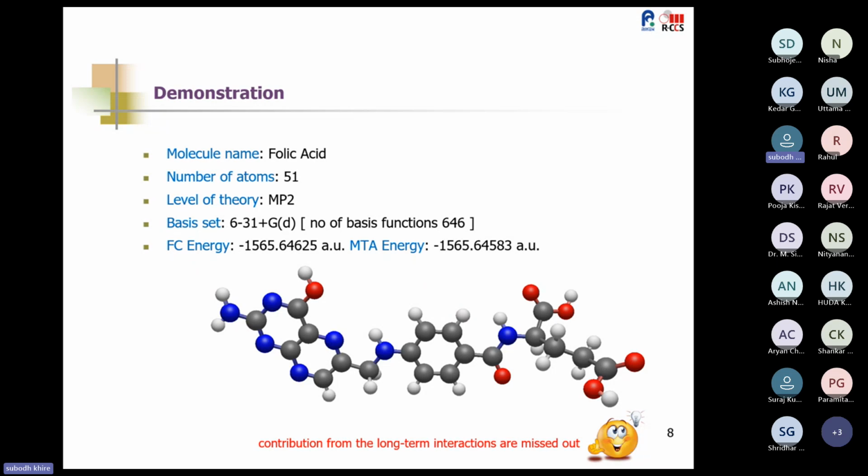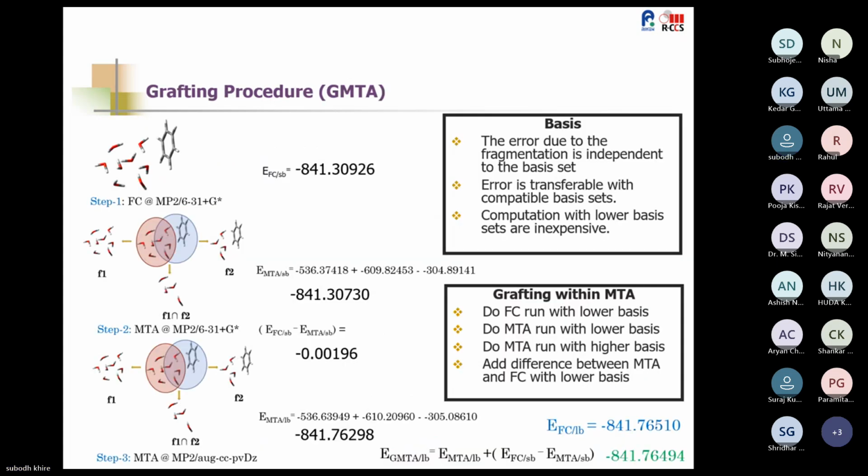So the interactions between atoms which are spatially far apart from each other we are missing out, and that is affecting the accuracy of the MTA energy. To reduce this error, a new method called the grafting procedure, GMTA, has been proposed.